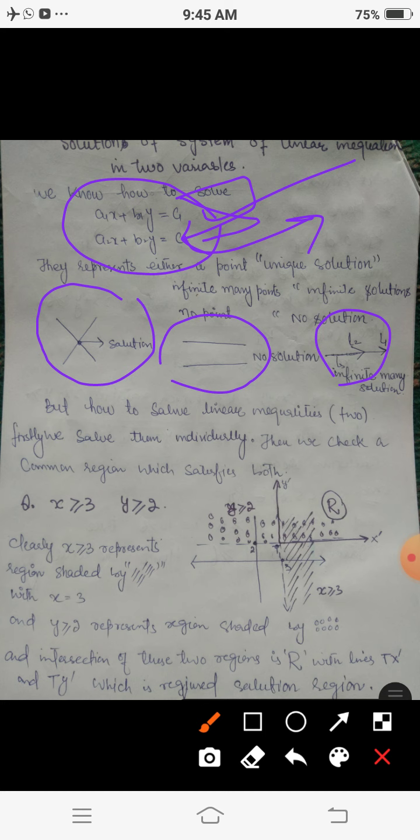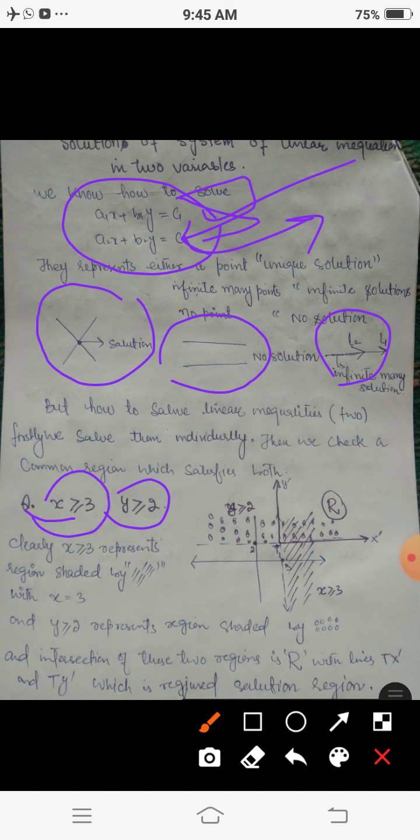Let me consider an example: x greater or equal to 3, y greater or equal to 2. Clearly it is a linear inequation, but in two variables, because if we consider this as a system, it represents linear inequations in two variables. Firstly we will draw the graph of x greater or equal to 3.